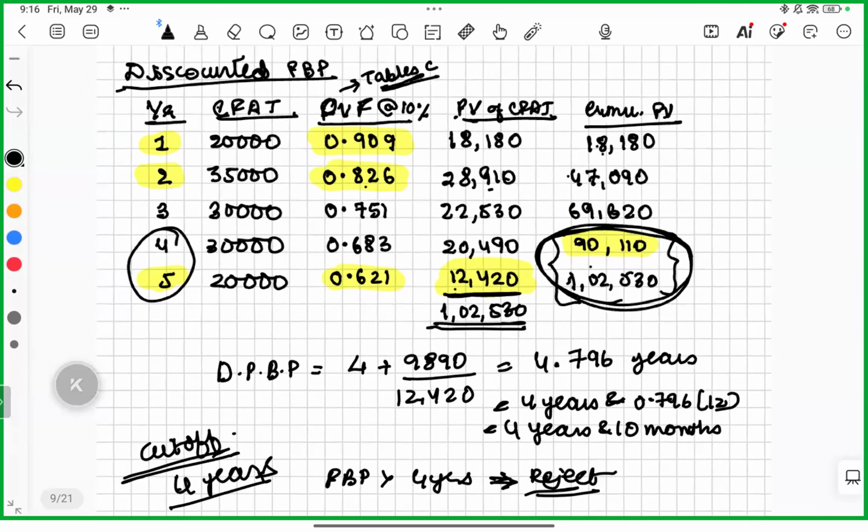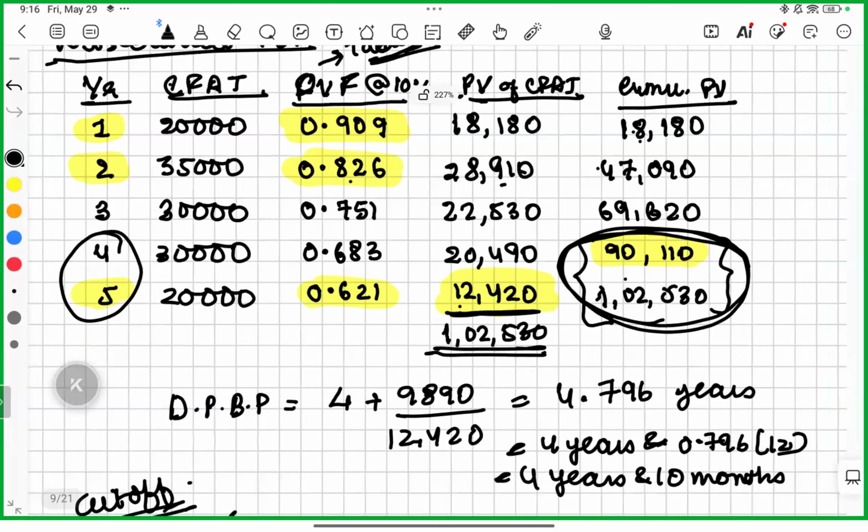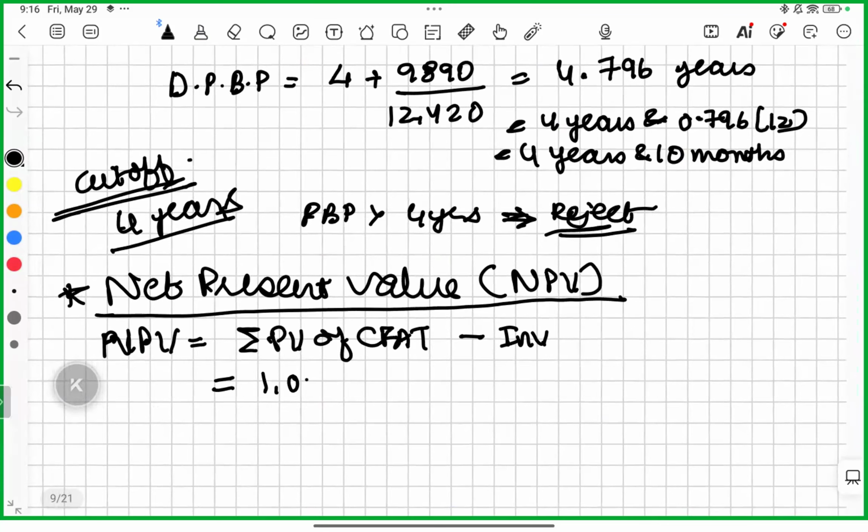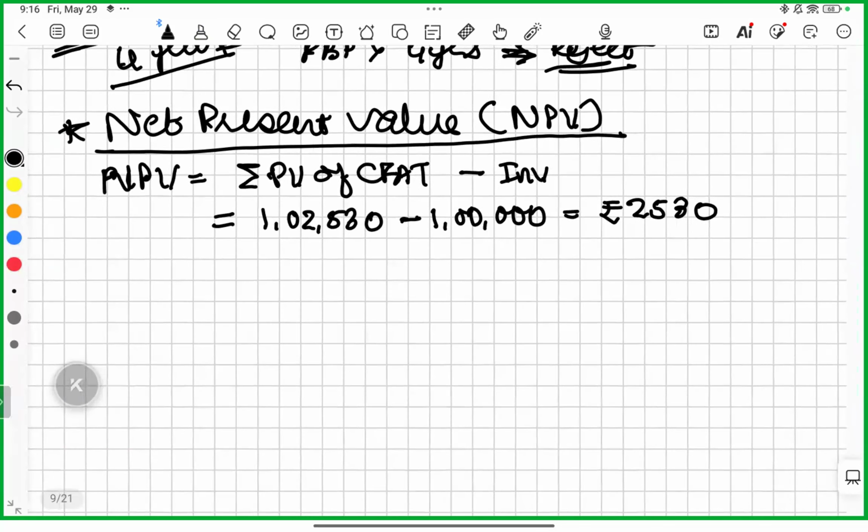So see, we have already found out CFAT multiplied with the discounting factor as present value of cash flows, and we have already found the total present value of all future cash flows is 1,02,530. So present value of cash flow is 1,02,530, and investment is given to us in the question. So the answer is minus 1 lakh, which is equal to rupees 2530. Okay, this is net present value. What does net present value mean? Your future value of cash inflows, that is your benefit.